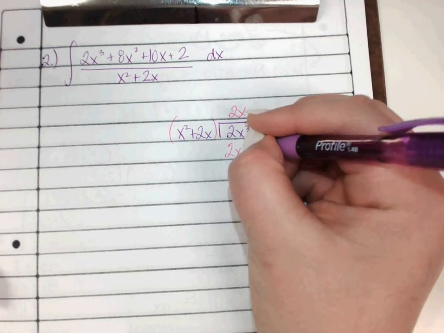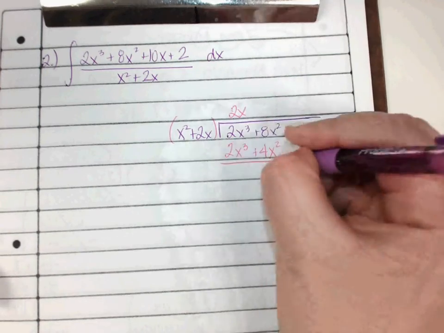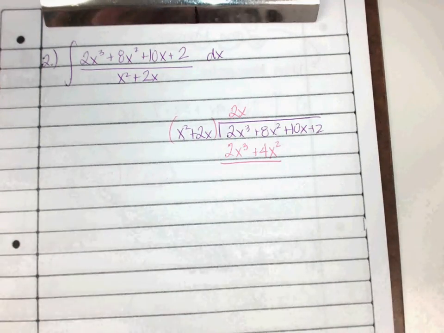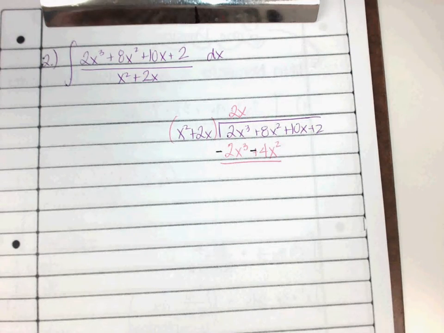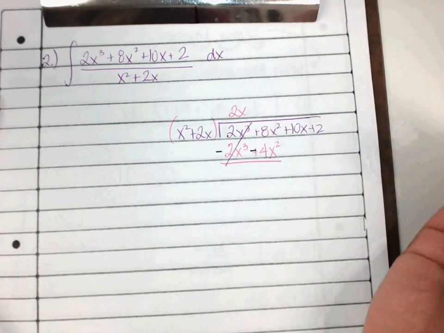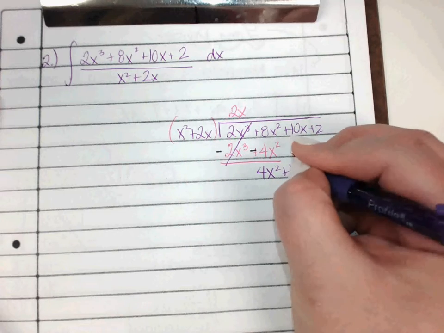What is 2x times 2x? 4x squared. And then what happens to my signs on that row? They both become minuses because I'm subtracting that entire row. 2 minus 2 gives me nothing. 8 minus 4 gives me 4. Then I carry down plus 10x.